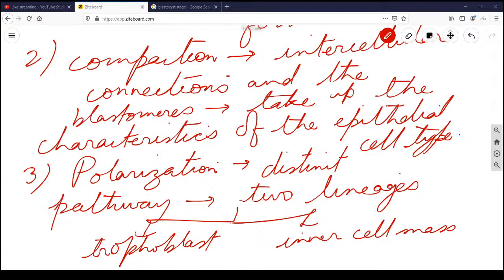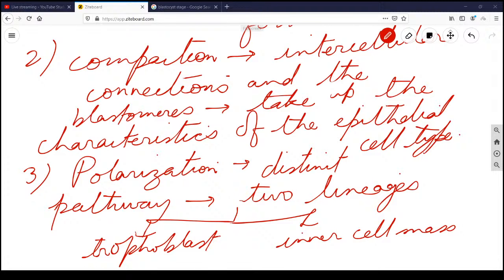Now, because of the lack of massive storage of maternal ribosomes and RNAs during oogenesis, development of the mammalian embryo must rely on the activation of zygotic gene products at a very early stage.